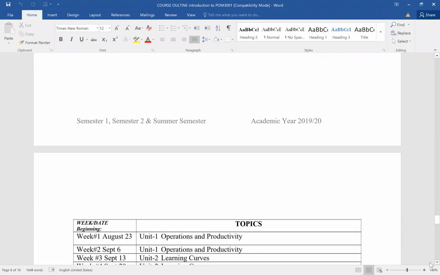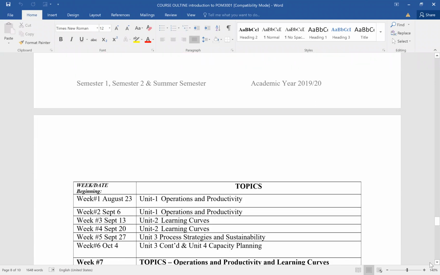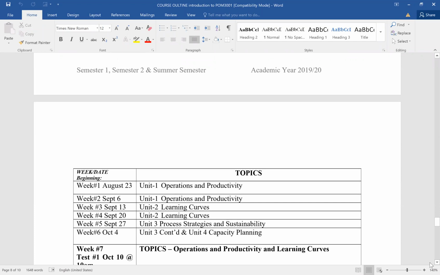So here we go. Week 1, which is today, would be your intro on operations and productivity. We're not going to touch that though; we'll just do the introductions and leave it there. Week 2, we're looking at operations and productivity. Week 3, we're probably still in operations and productivity, but we have some slack left because unit 2, which is the learning curve, we can actually do in 1.5 classes.